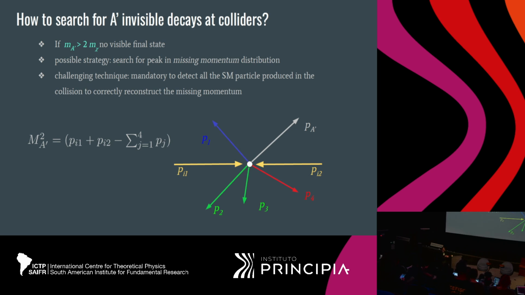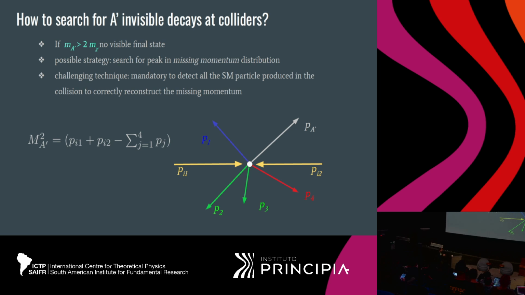So you can build basically for all these events a spectrum of missing mass and then search for peaks defining, for example, a dark photon.